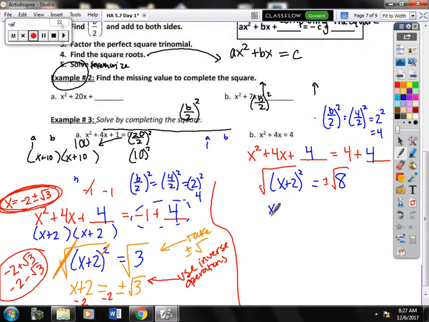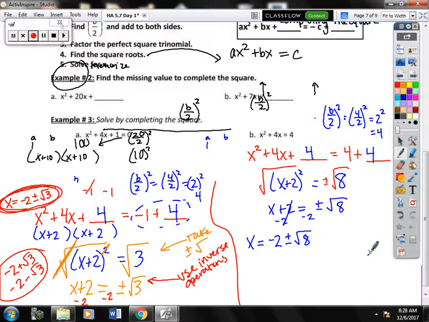So I'm going to get x plus 2 equals plus or minus the square root of 8. Now a lot of you will just subtract 2 on both sides at this point, which is fine. Negative 2 plus or minus the square root of 8. And you'll circle that, and you will get marked probably a half point off.